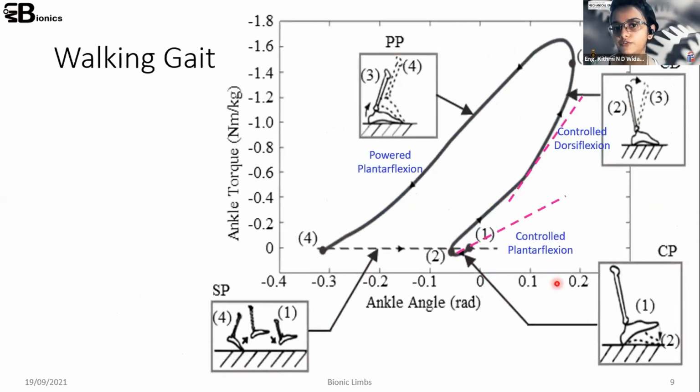In our design, we used this graph to get the basic idea. This graph is based on ankle torque and ankle angle, and it shows the gait cycle of a person. When I was talking about the subphases, you can see this part is the controlled plantar flexion phase, this part is the controlled dorsiflexion phase, and this is the powered plantar flexion phase.